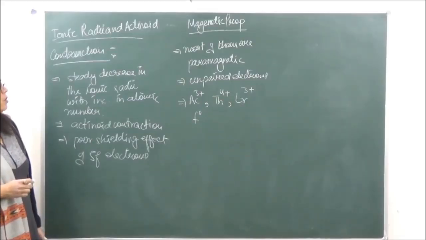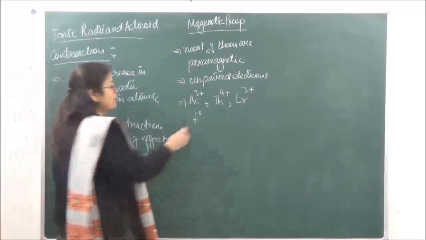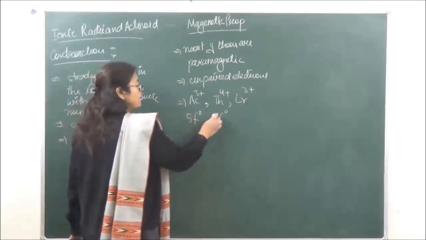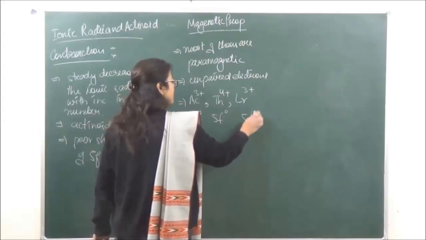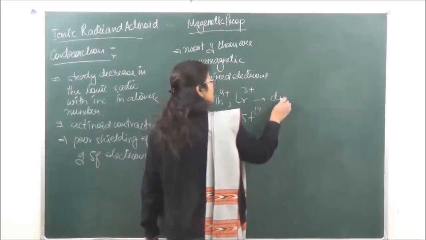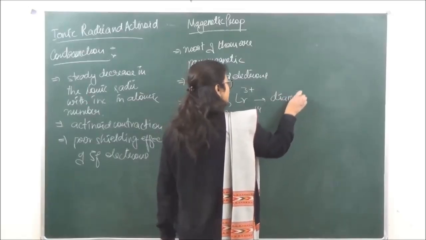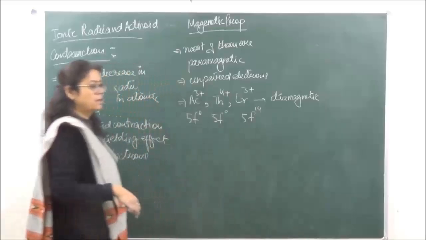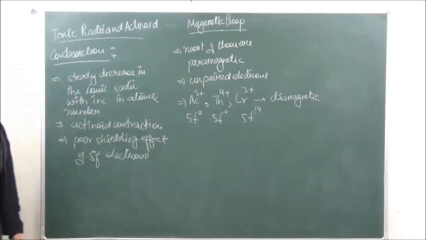When we talk of thorium 4+, again the electronic configuration is 5f0. And in lawrencium it is 5f14. All of these three behave as diamagnetic, okay, because of zero or completely paired electrons.